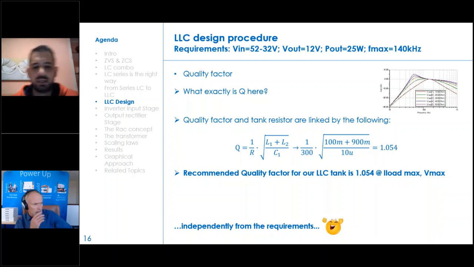I repeat once again, all the discussion made until now doesn't take care of the requirements reported on the top. So to properly map all the considerations made until now to our requirements, we will use the scaling laws. Let's start to be familiar with these terms because you will see in a while the power of this concept.